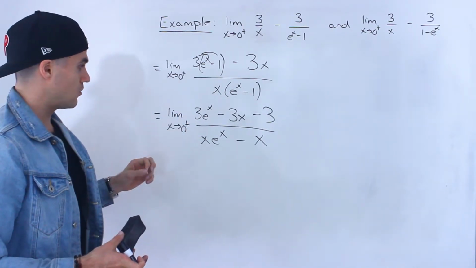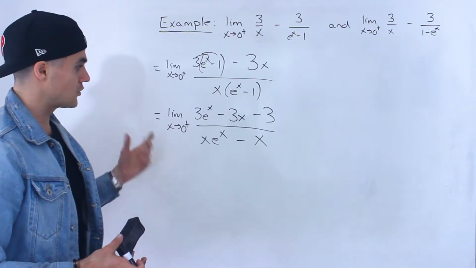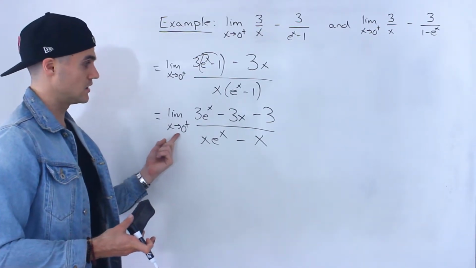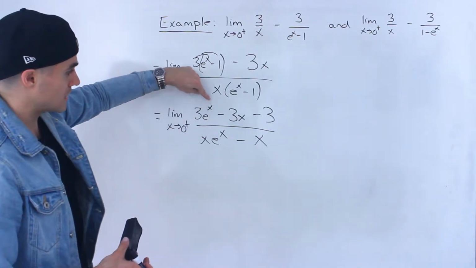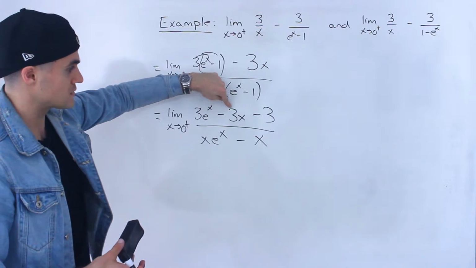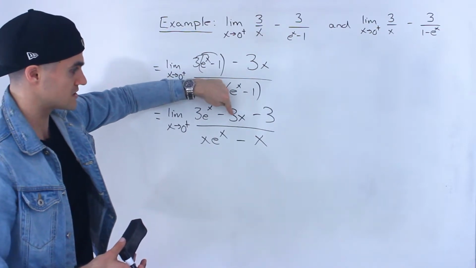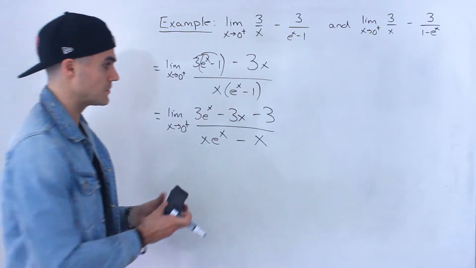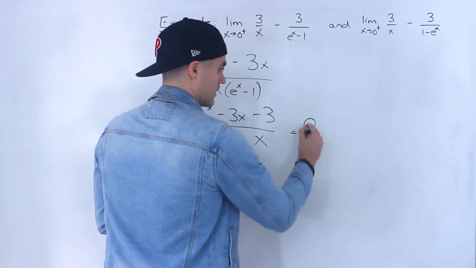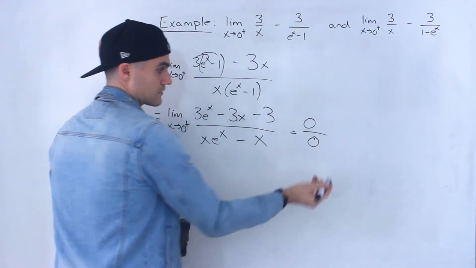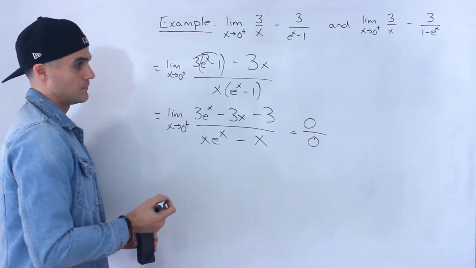So now what's happening is, notice we still can't do a direct substitution. We can't plug in 0 because we'd have 3 times 1, which is 3, minus 3 times 0, which is 0. So we'd have 3 minus 0 minus 3, which would give us 0 up here. And then this x would be 0, this x would be 0, which would make the denominator equal to 0 as well.